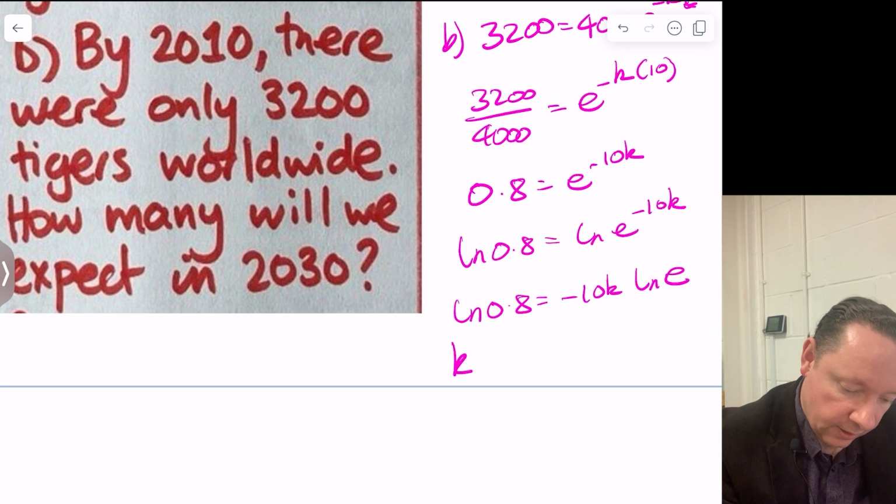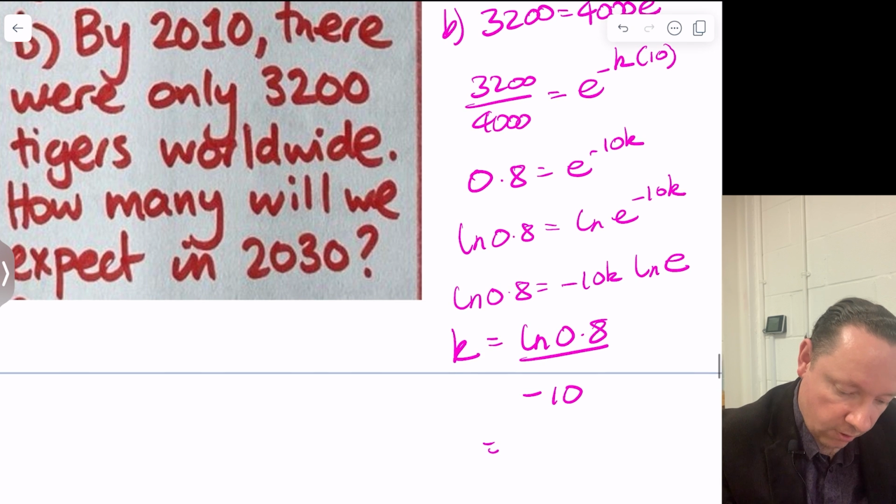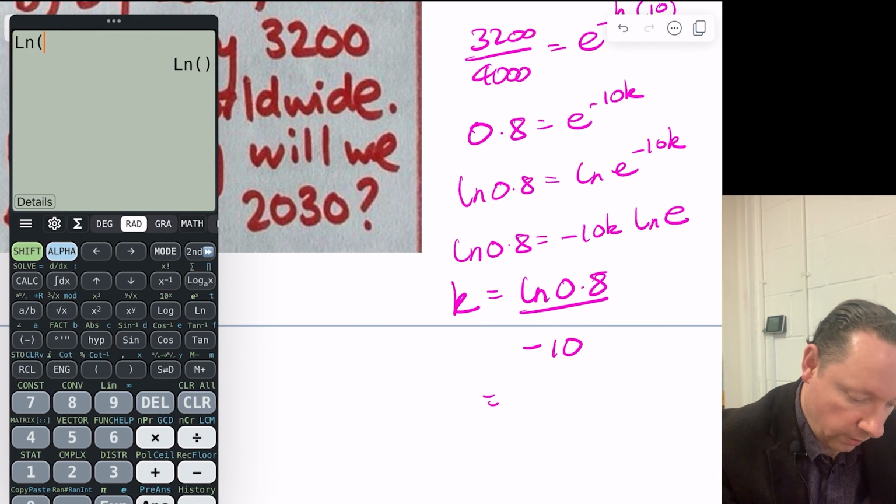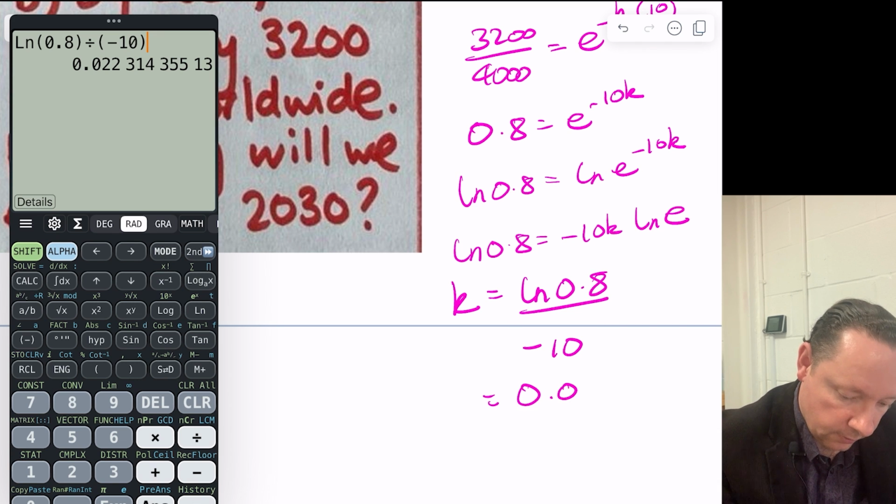So that means that k equals log 0.8 divided by minus 10, and that's a calculator job. So ln 0.8 divided by minus 10 is 0.0223.